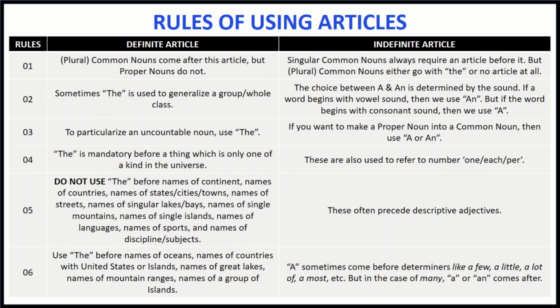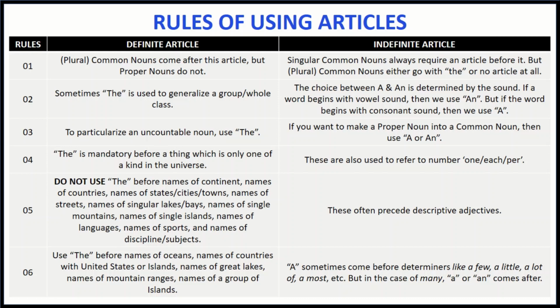I made a video on adjectives. You can watch that, there is a lecture on my YouTube channel regarding adjectives, and I have mentioned a lot about descriptive adjectives in that video. You can watch that if you are not aware of what descriptive adjectives mean.